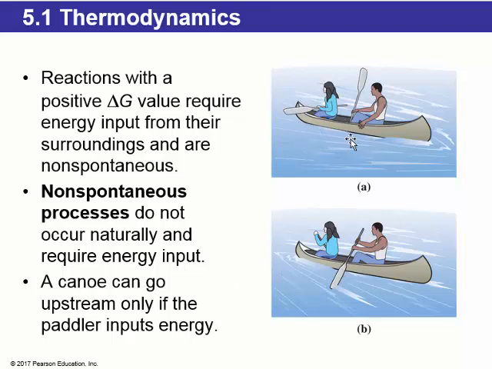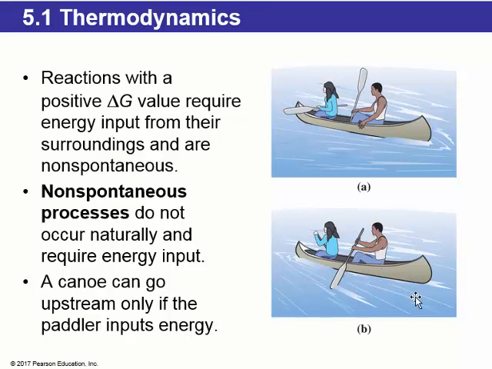On the slide, there's a picture of two people in a canoe floating downstream. This process has a negative delta G. It is spontaneous. The people in the canoe don't have to do anything for this process to occur. Paddling up the river, however, which is the graphic below that, is a non-spontaneous process. So delta G is going to be positive for this process.